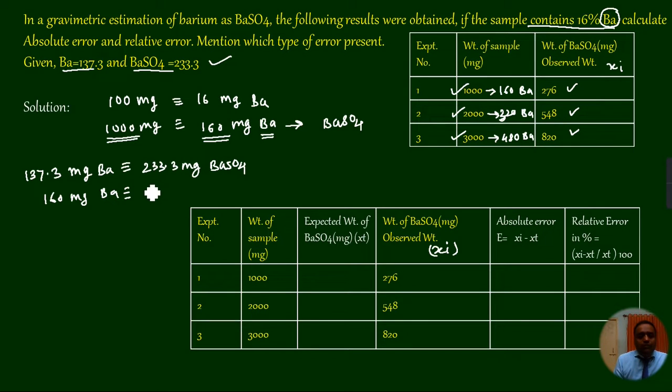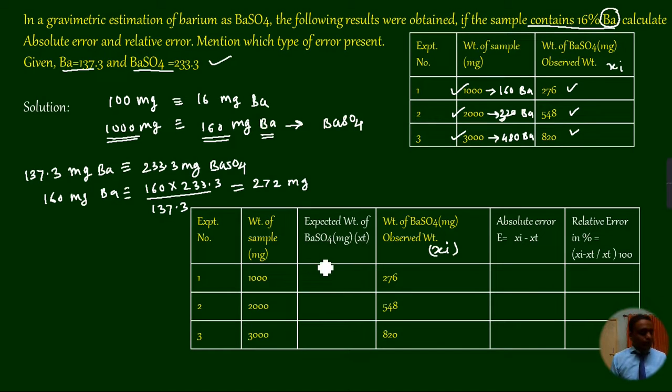So it will be 160 into 233.3 divided by 137.3, and it will be equal to around 272 milligrams.